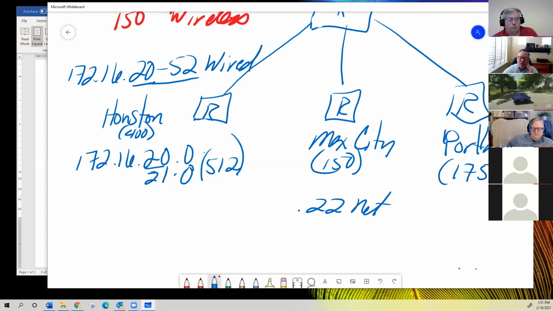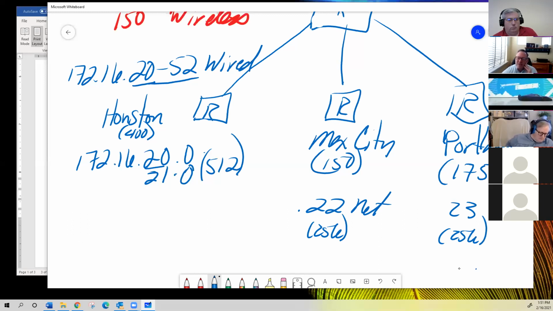And that, of course, is 256 addresses. And then I could use the 23 here and get another 256. And that obviously covers my 175 IP address need for my wired.